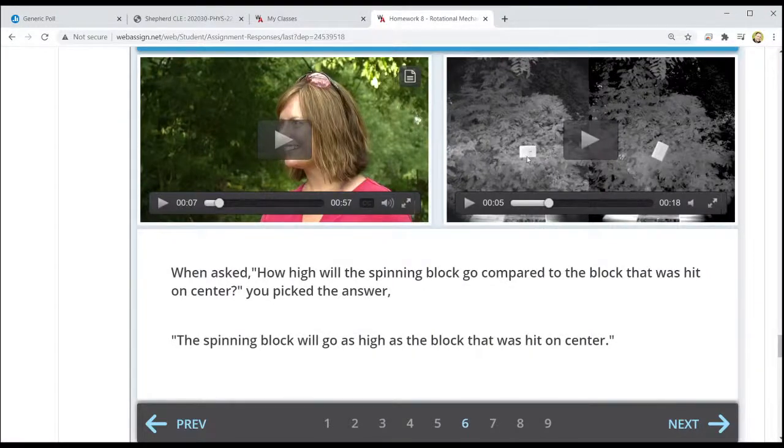What you have on the left-hand side is this block of wood, and it was shot by a bullet right square in the middle. So it rises but doesn't rotate. This one was hit by a similar bullet, exactly the same size and cartridge, but it's hit along the edge here, so it rotates as it rises. But the thing to notice is that they rise to the exact same height.